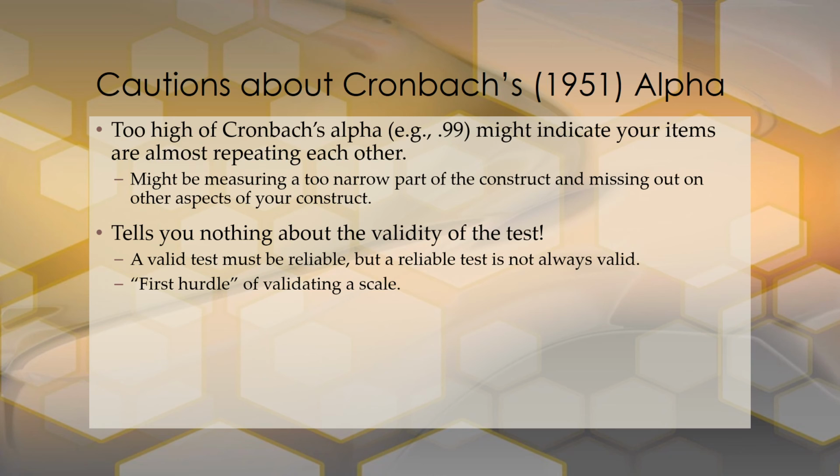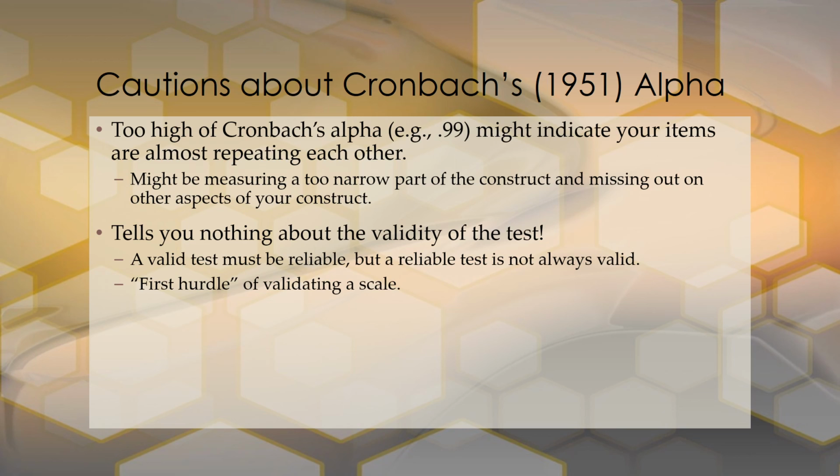Maybe not as extreme as my last example, but they're just getting at a very narrow part of your construct and you're missing out on other aspects of it. You're measuring just one little part of your construct, and you might want to make your items more broad to capture the whole construct.